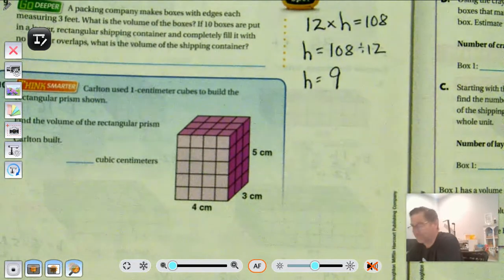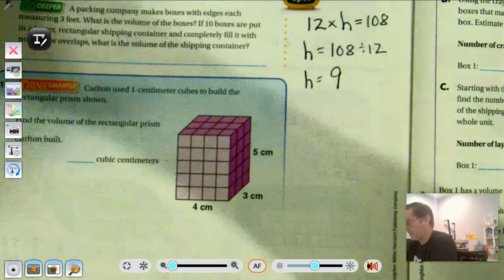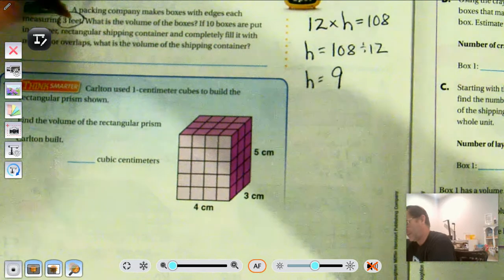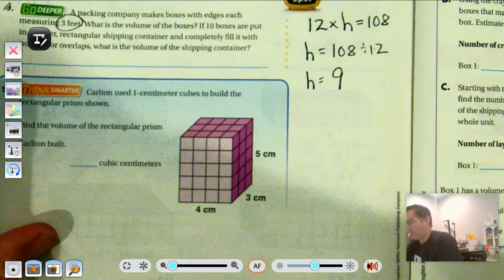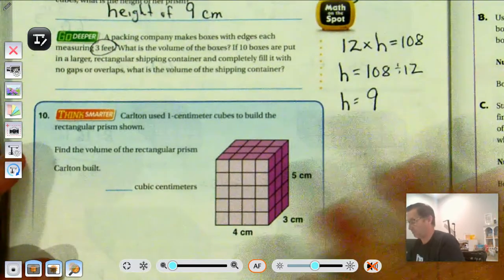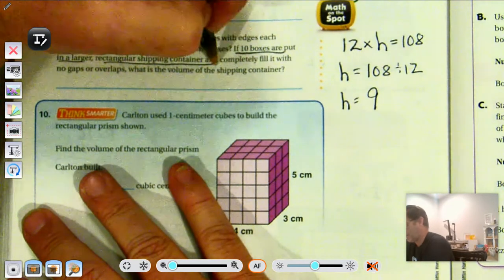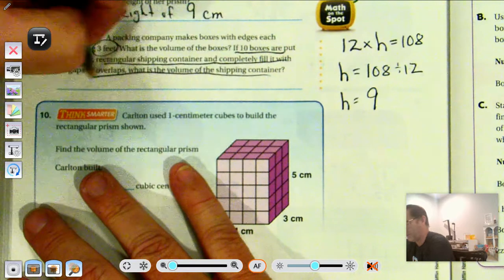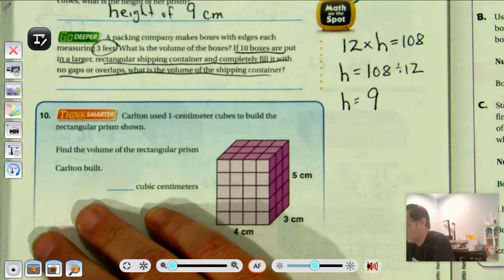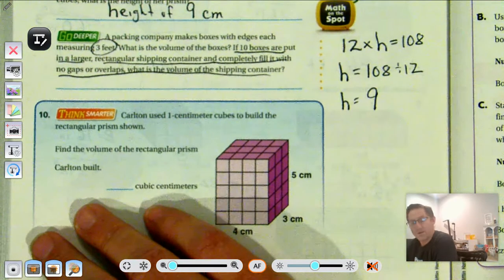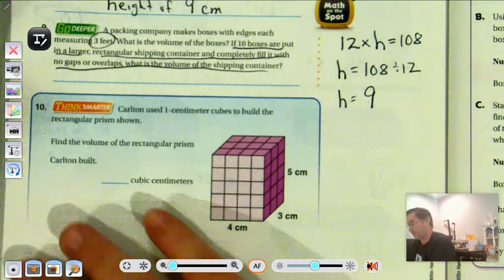Number 9. A packing company makes boxes with edges, each measuring 3 feet. What is the volume of the boxes? If 10 boxes are put in a larger rectangular shipping container and completely fill it with no gaps or overlaps, what is the volume of the shipping container? All right, so let's look at the first one.